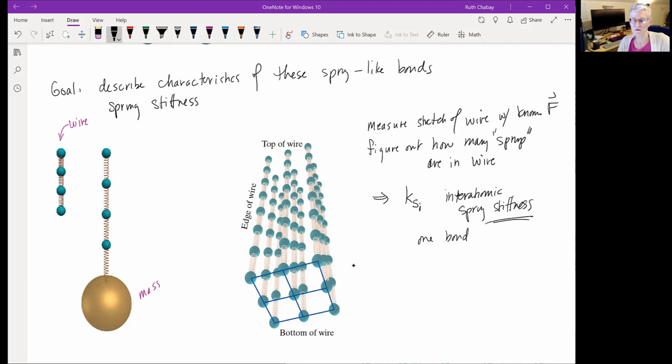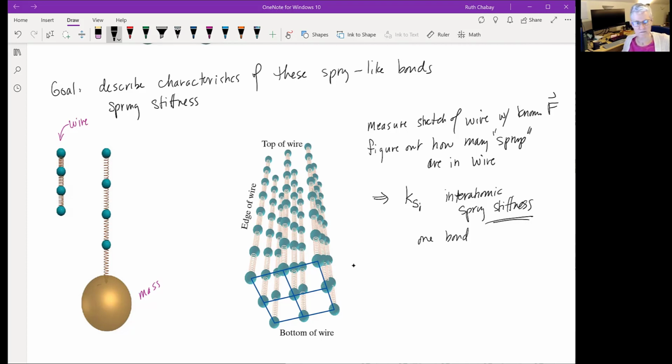And this should be different for different materials. We should get different numbers for very stiff metals like iron, and a much lower number for really soft, stretchy things like lead, for example. So it should depend on the properties of the actual material.